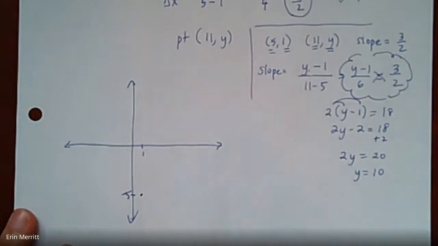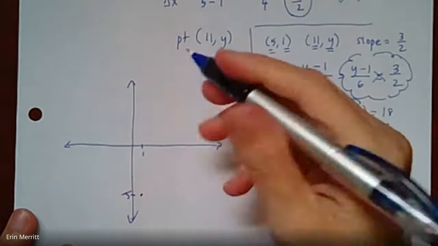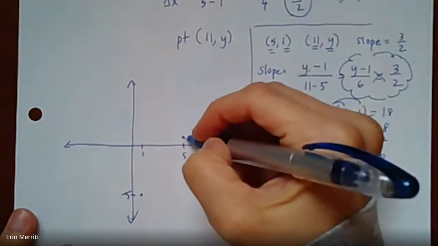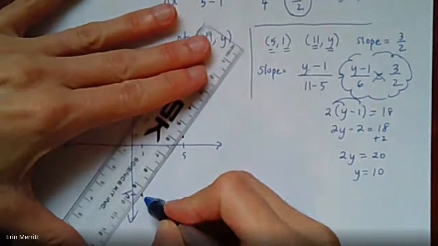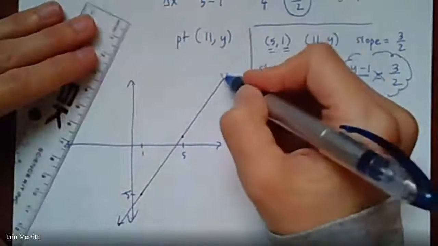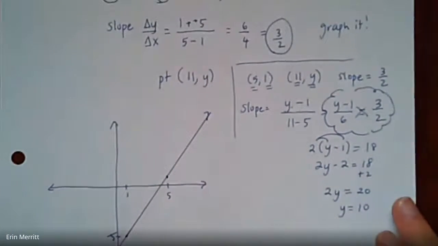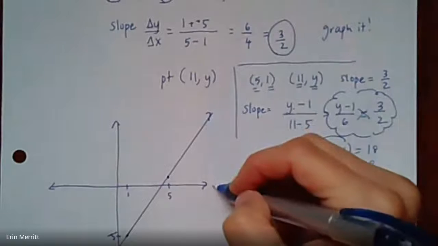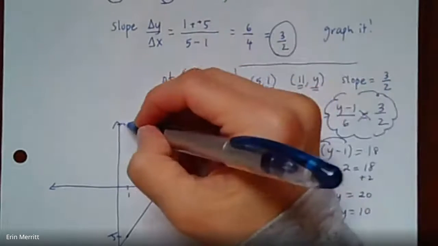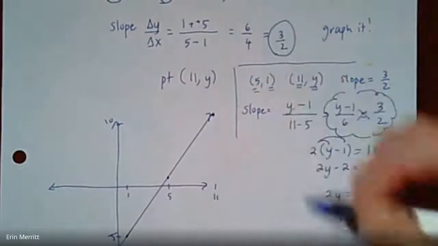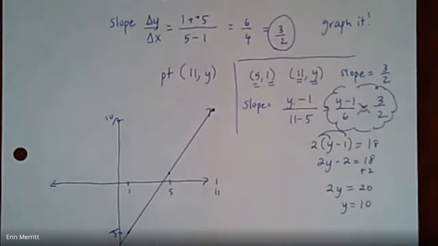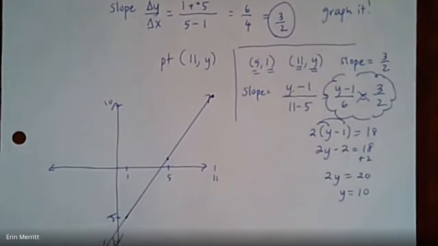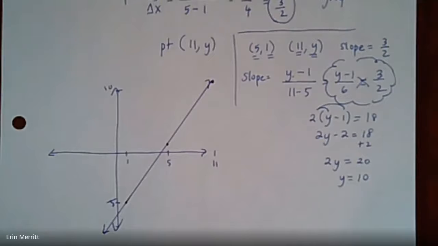And then the next point was 5, 1. So kind of over to 5 and up to 1. So even without a perfect scale, it should be looking something like this. So then my last point that we just said we should have is the point 11, up to 10. Now, would I be able to perfectly tell, like, oh, of course I did it right? No, not perfectly. But if you were on graph paper, yes, you could. So don't underestimate literally plotting some points and using that visual to help you.